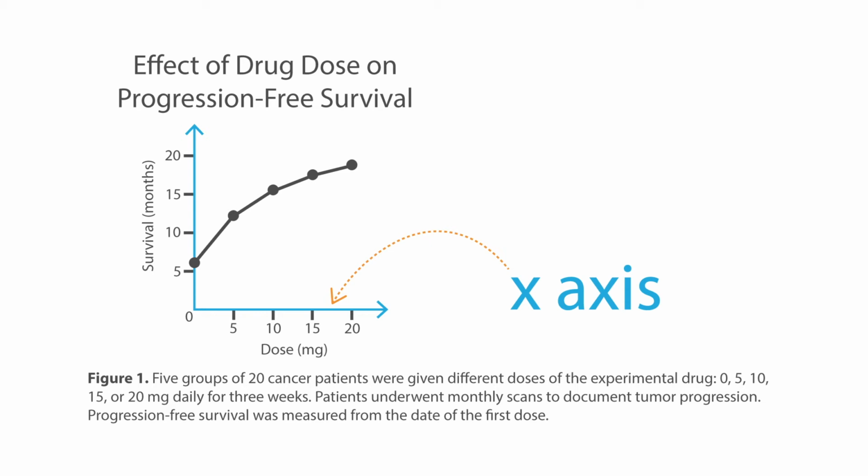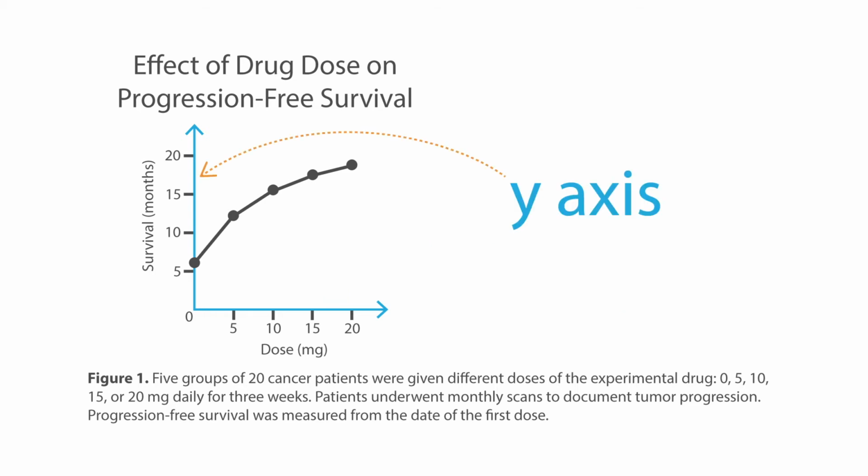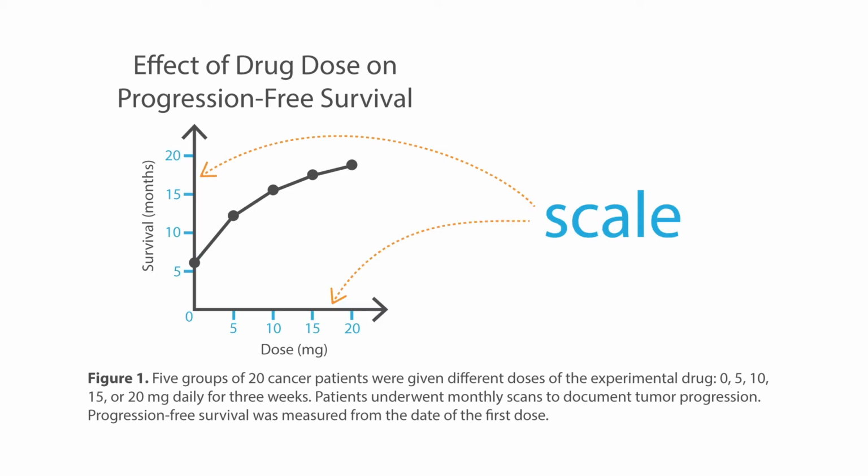The horizontal line is referred to as the x-axis. That's where we graph our independent variable. The vertical line is referred to as the y-axis, and that's where we graph our dependent variable. Each axis may have a set of numbers called a scale. The scale allows you to interpret what the location of the data points or the size of the bars on your graph mean.